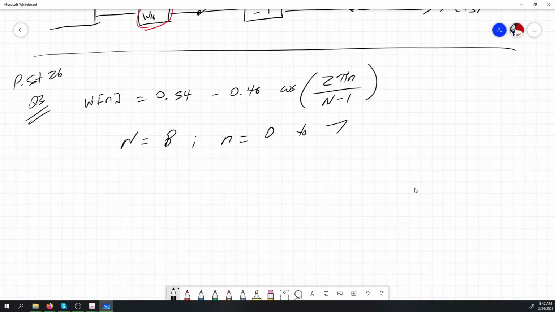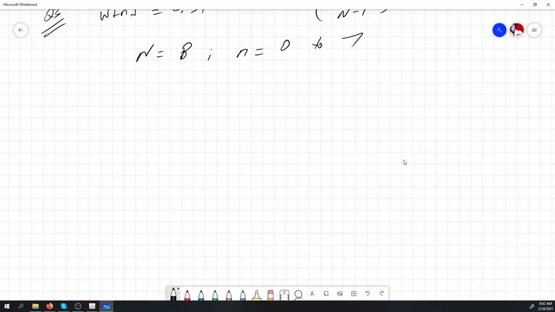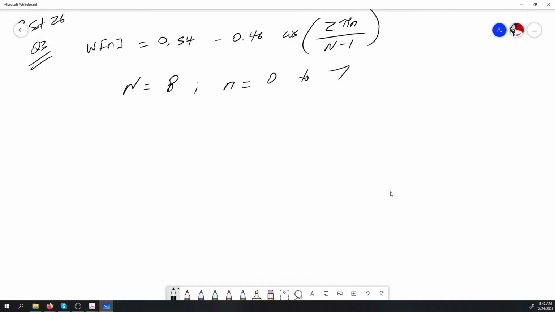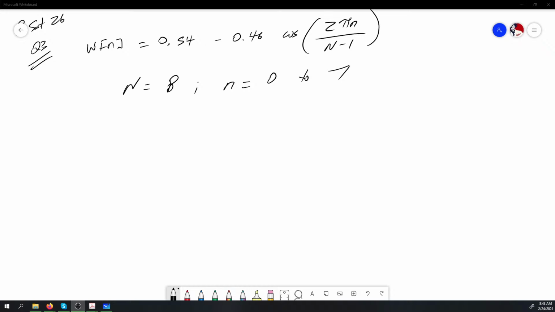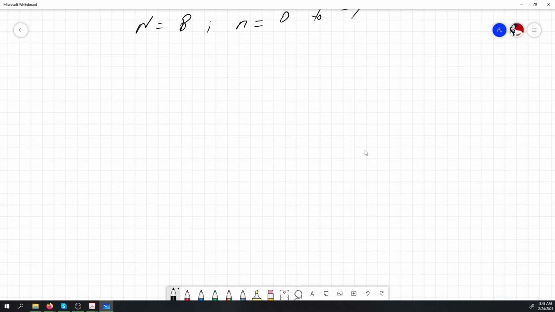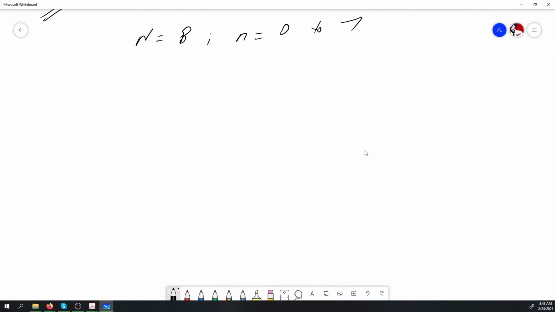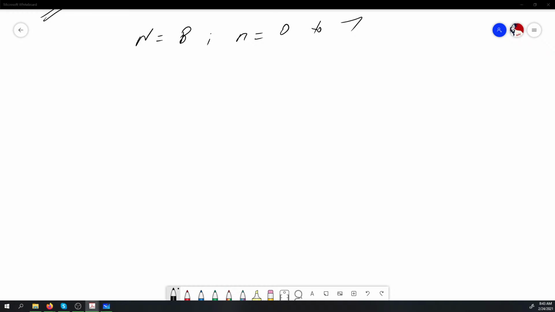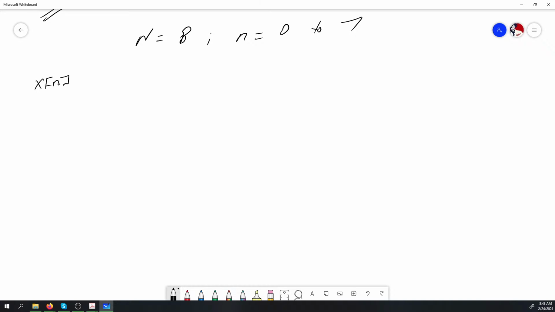So we're going to come back to that in a little bit, but now I'm going to show you guys how to actually apply this to our original signal from problem set 2A question 7. So I'm going to draw a table here to illustrate this in particular. Our first column of this table is going to be x of n.